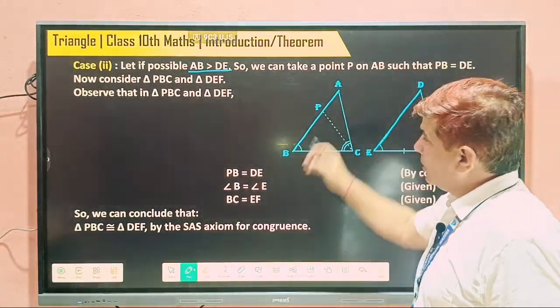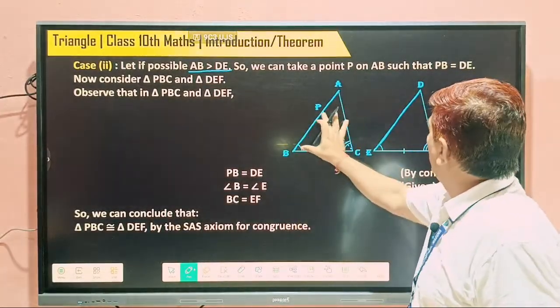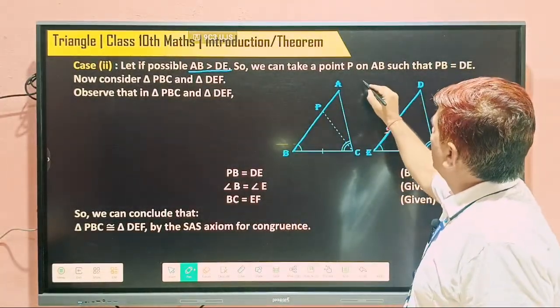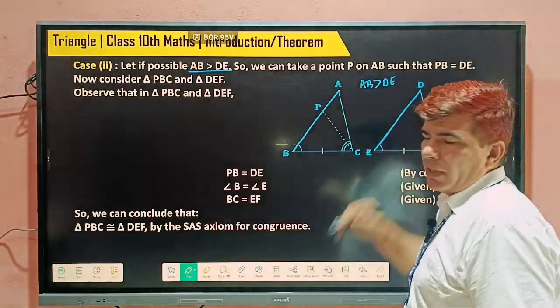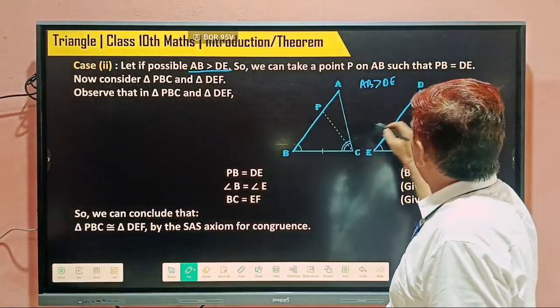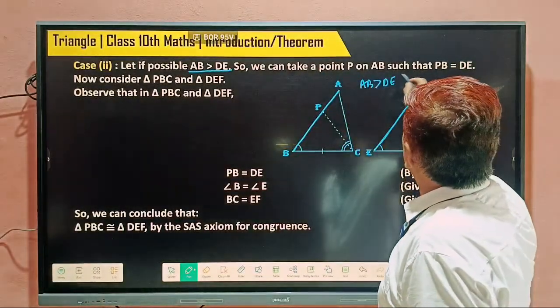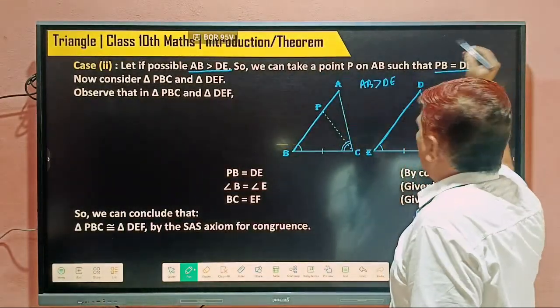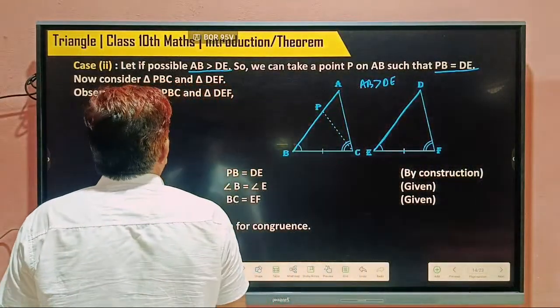So there is a point P on AB such that PB equal to DE. AB is greater than DE, so definitely there is a point P where PB equal to DE. So we can take point P on AB such that PB equal to DE.